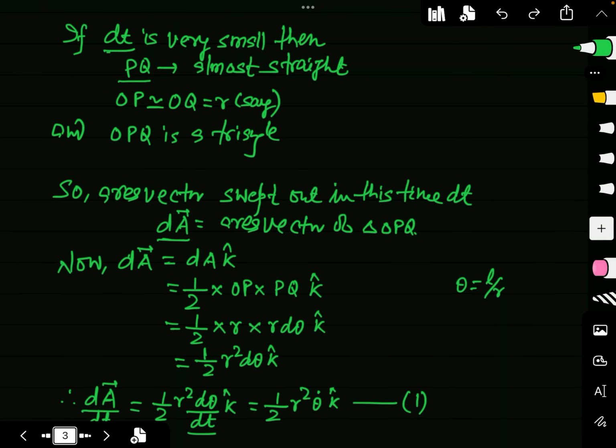What is this dA by dt? You can write it as VA, and this is called areal velocity. Now see, this areal velocity we have obtained here is equal to 1 over 2 r square theta dot k hat.